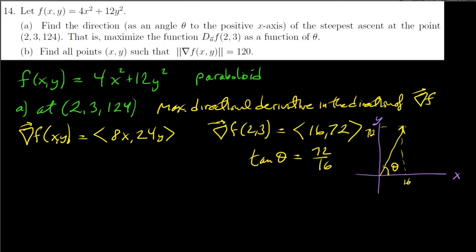So this is just 9 over 2, 4.5. So the angle is just the arctangent of 9 over 2, 77.47 degrees.